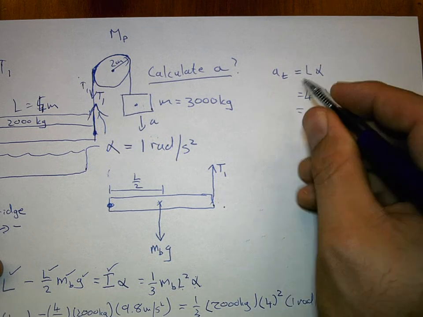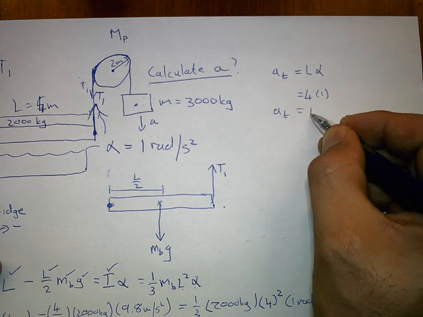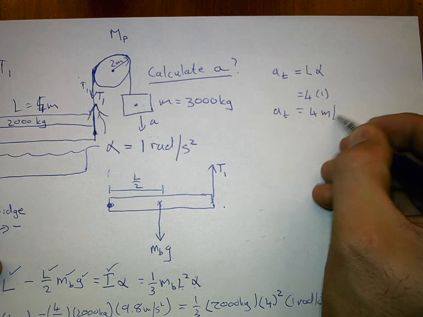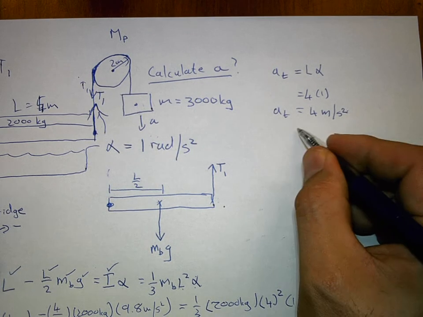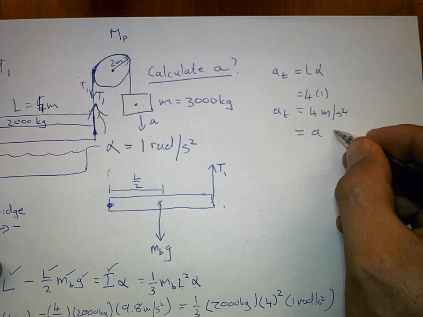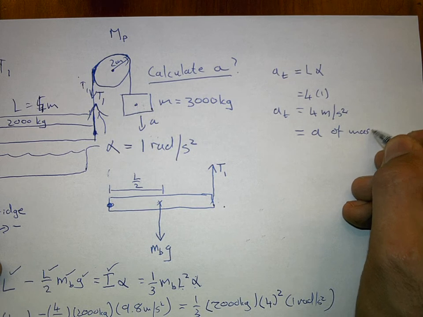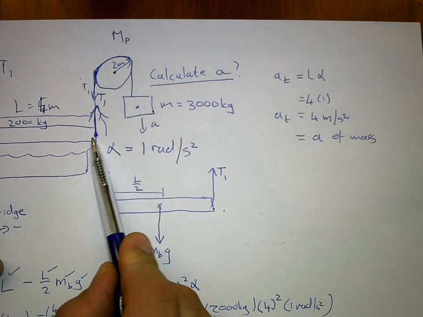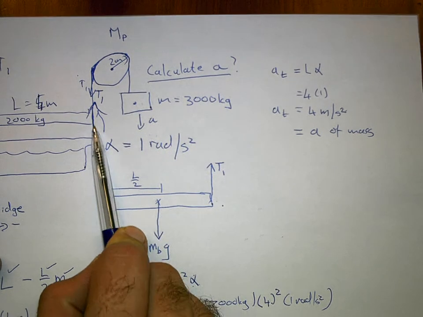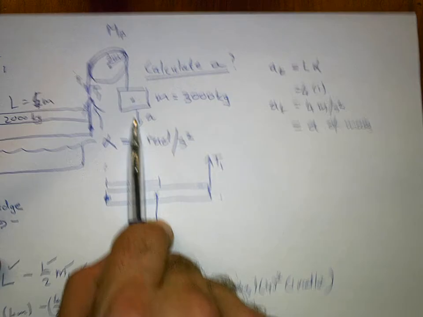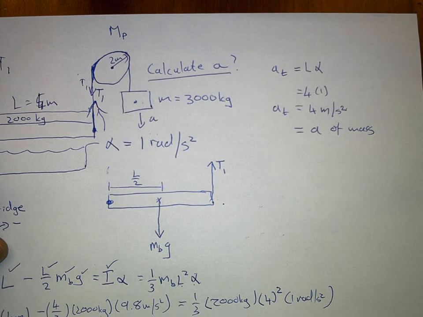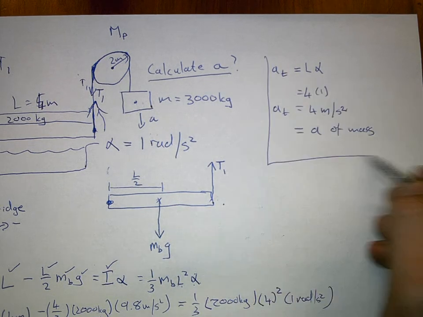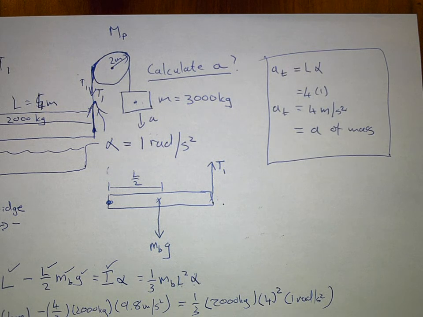So the tangential acceleration is 4 meters per second squared, and this must be equal to the acceleration of the mass, because if it's not so, it means this point is instantaneously moving upwards by more or less than this mass is instantaneously moving downwards. That's not allowed to happen if the cable is to remain unstretched. So with just a little bit of thinking, it's quite easy to calculate the acceleration of the mass.